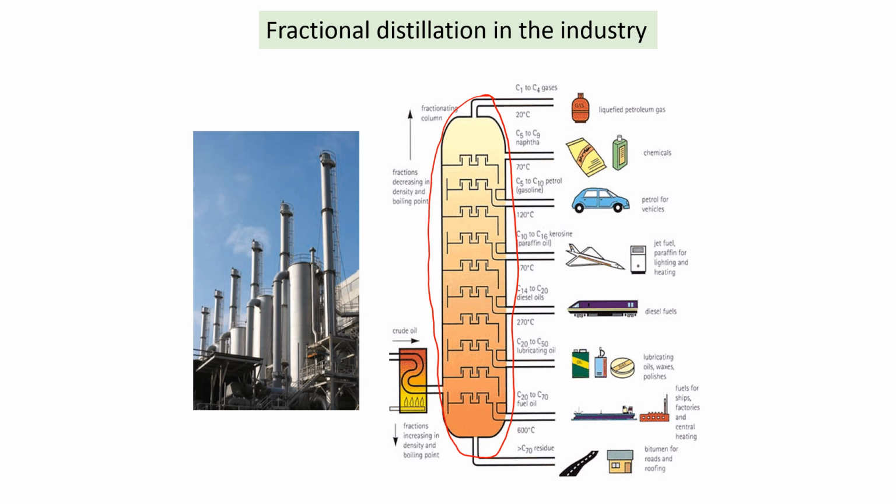Here we have crude oil, which consists of several compounds such as naphtha, gasoline, paraffin oil, diesel oils, and so on. They separate this mixture by using this column. When the crude oil is added into the column and heated using high pressure steam, the mixture will start to boil and vapor is formed.